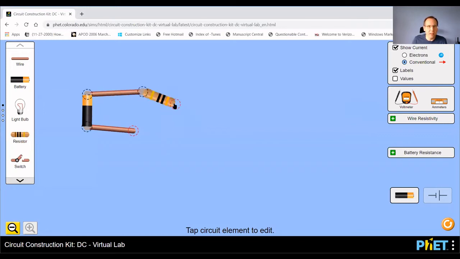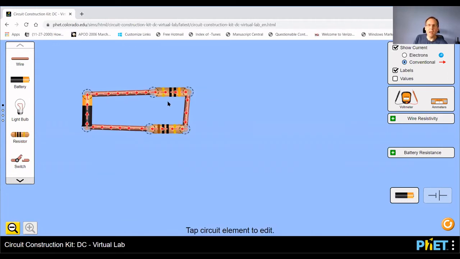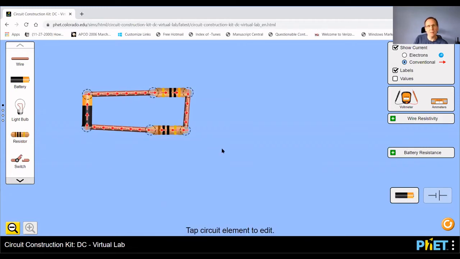You probably want to do something like this, maybe put your first resistor there, maybe put the second one down here somewhere, and then maybe another wire that connects those two. So that would be the circuit, right? But make sure that your battery has the correct voltage. I believe it was 9 volts again. And then you want R1 to be 10 ohms and the other one to be 20 ohms.